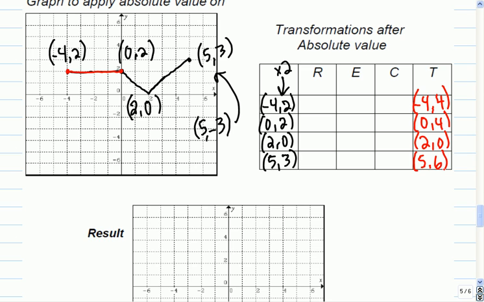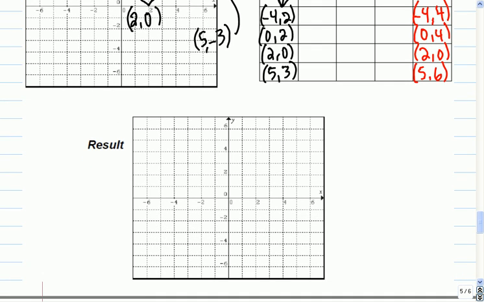So those 4 points will give me the final graph. -4, +4, 0, 4, and 2, 0, and 5, 6. Okay. So that should be my final graph after I've applied those transformations.